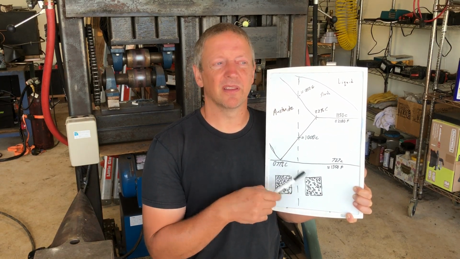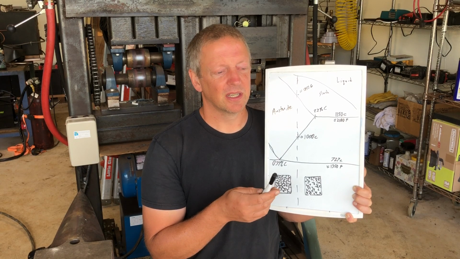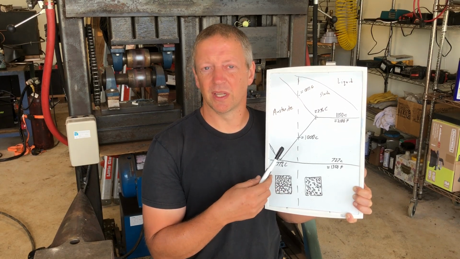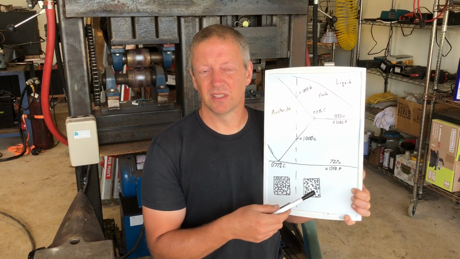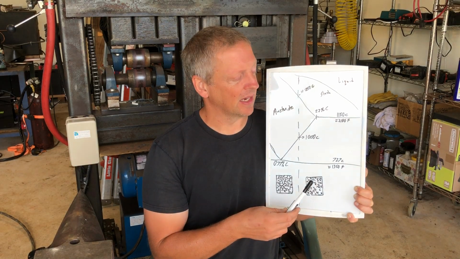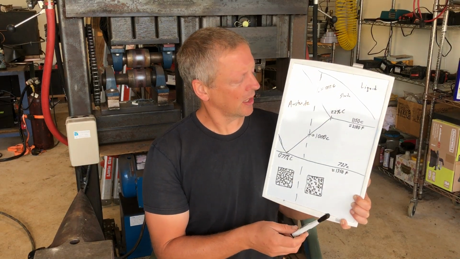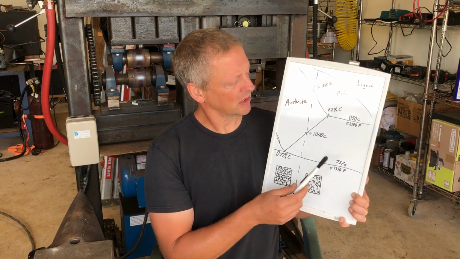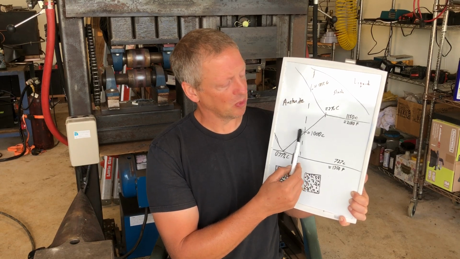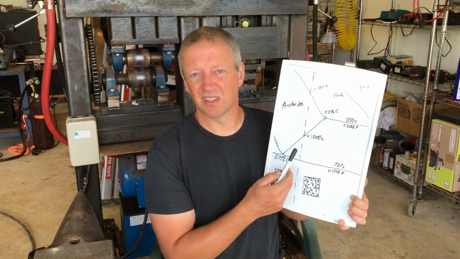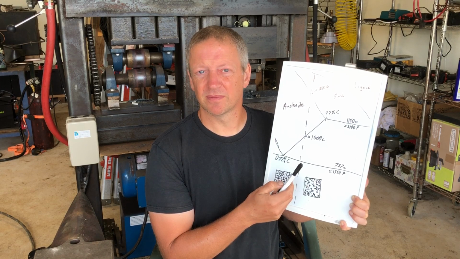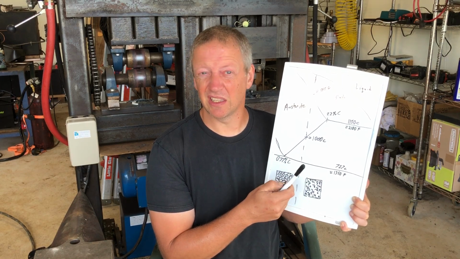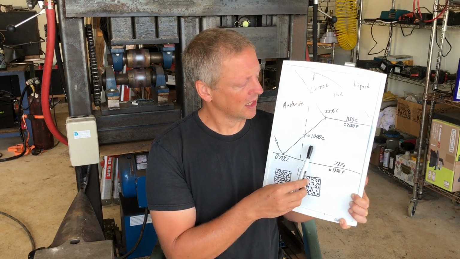Carbon is not the only possible culprit in this. If you have sulfur in your steel, you will get a hot short steel. And hot shortness, if I recall, falls somewhere in this zone, about 1000 C. I think it's 980 C, something like that.